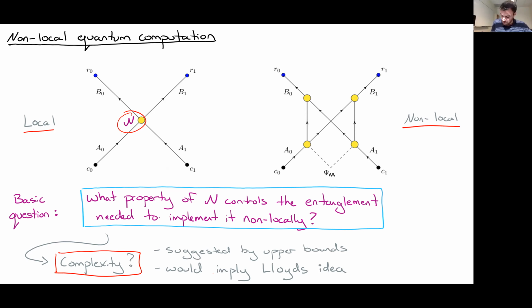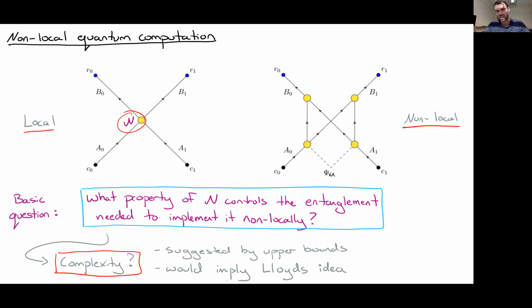The second reason to explore this is that if the complexity of the local computation controls the entanglement cost of implementing it non-locally, then it would actually imply Lloyd's idea that gravity constrains complexity. And why is that? Well, a given region has a particular area.